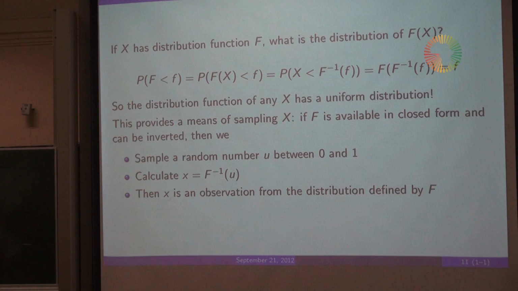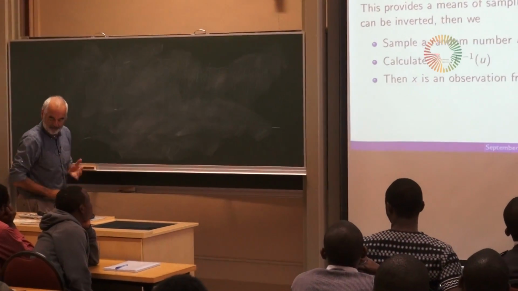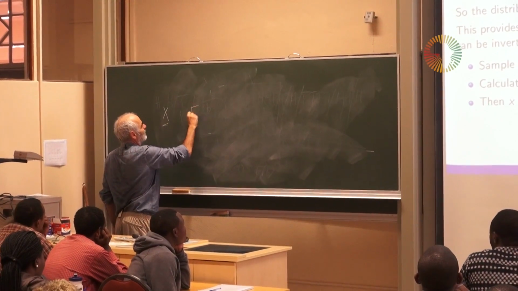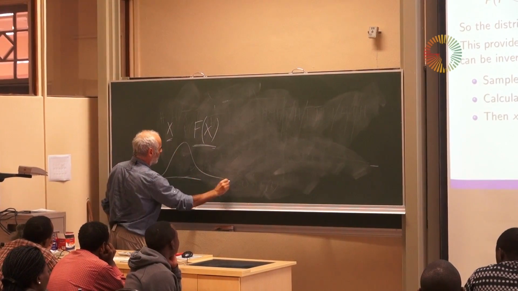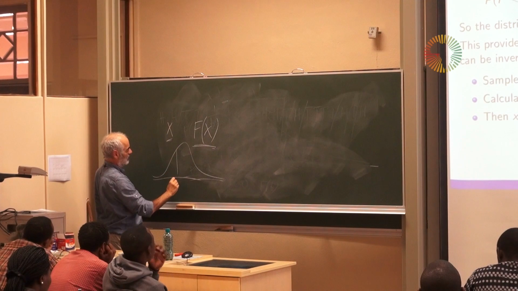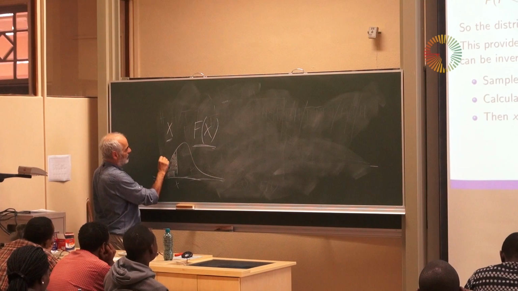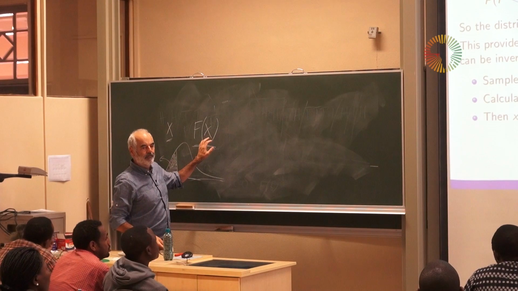Okay. Now, this is a trick. I can't resist doing this because it's sort of mathematical, but it's a very nice trick. It says that for any random variable x, if I sample from some distribution and then measure its tail area on the left, F of x, this area has a uniform distribution.